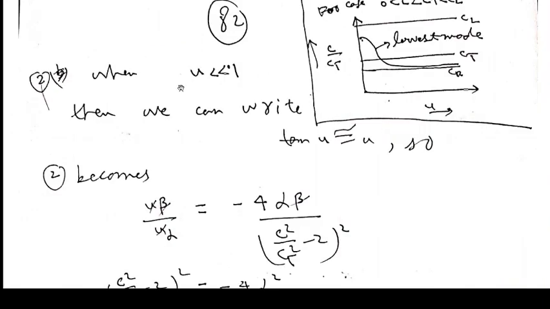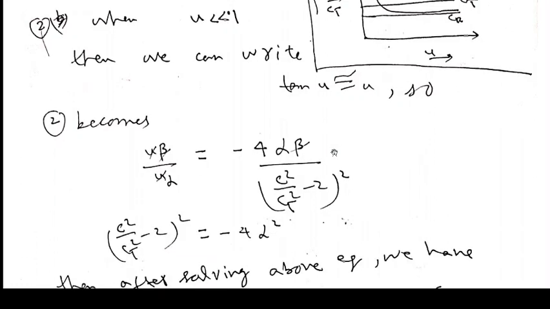When your wave number is very, very small, then what we have from equation number 2, we will use this equation number 2. When the wave number is very small, we know that for small u, tan u is approximately equal to u. So we can write equation number 2 in this way.